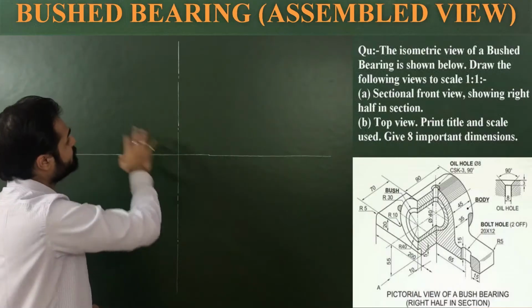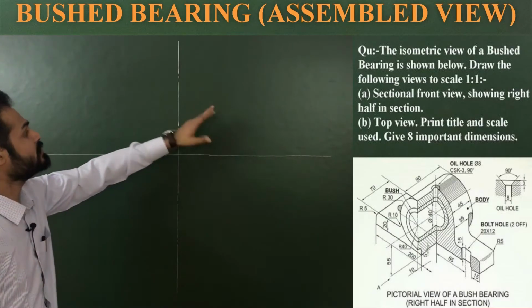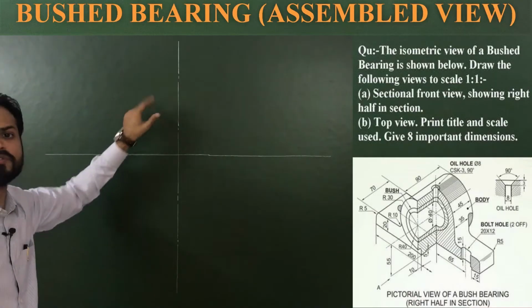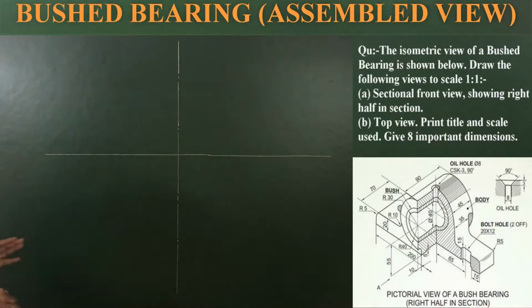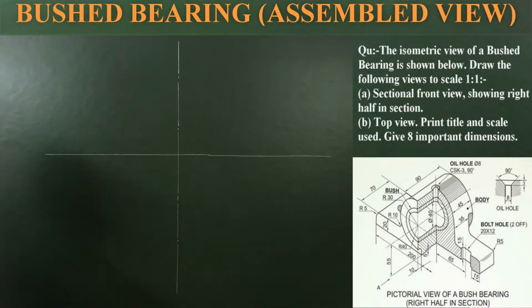Or second, we can directly draw the final front view, meaning the front view right half in section or left half in section as per instruction. I think better is to draw the front view without section using light pencil first, then we'll decide which are the visible edges and which are dark visible lines to show.